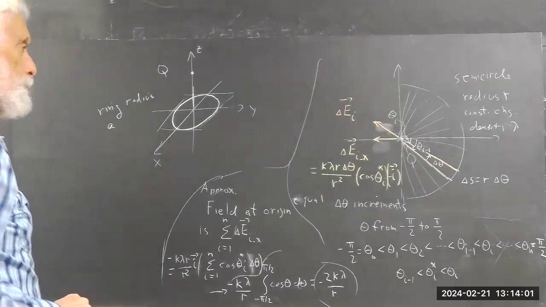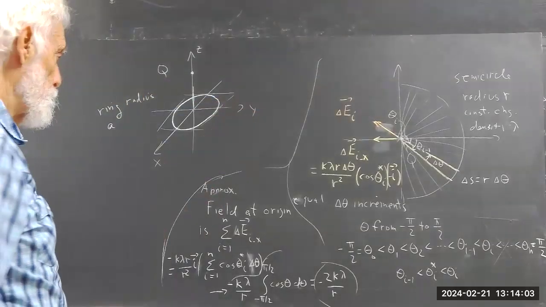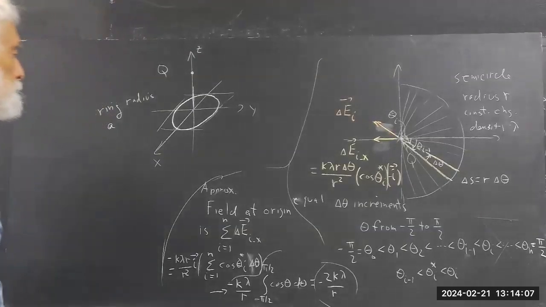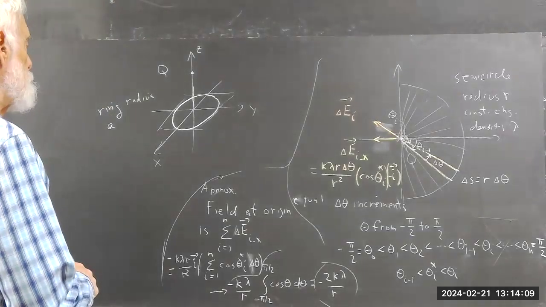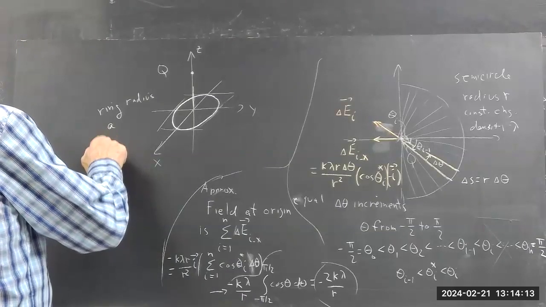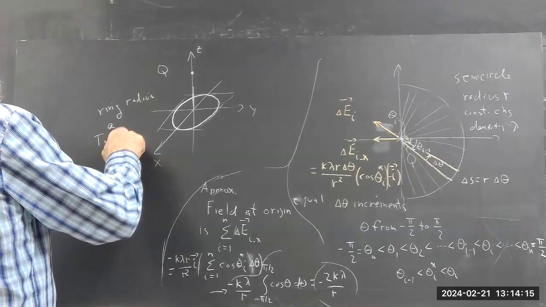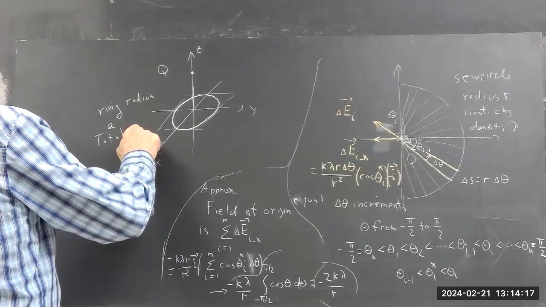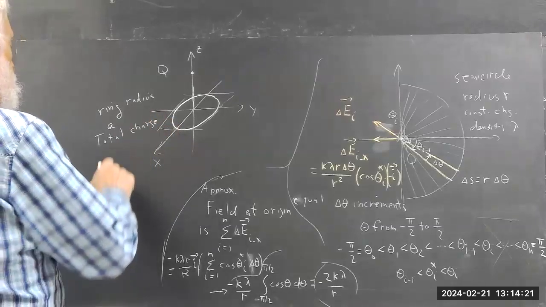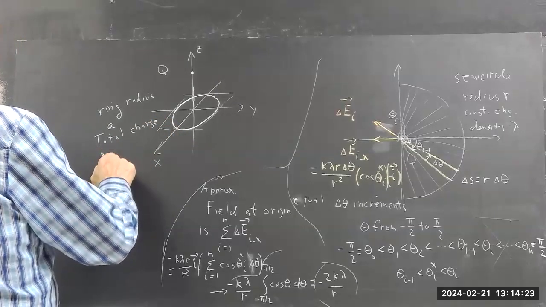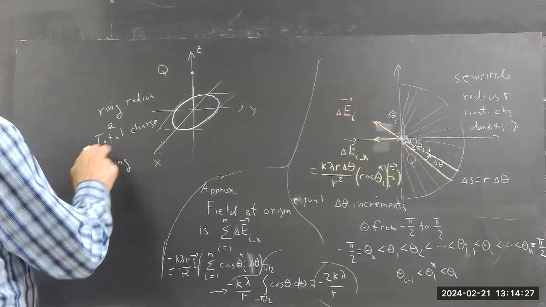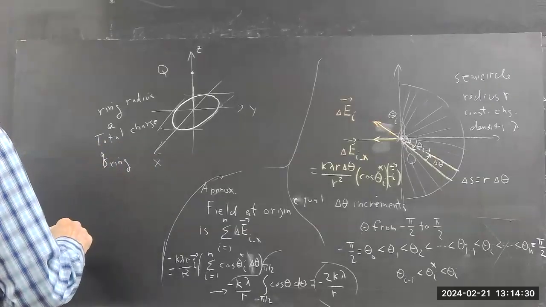We're going to use a for the radius. I probably should use a for the radius up here. Let's be real specific. I'll say the total charge is Q sub ring.